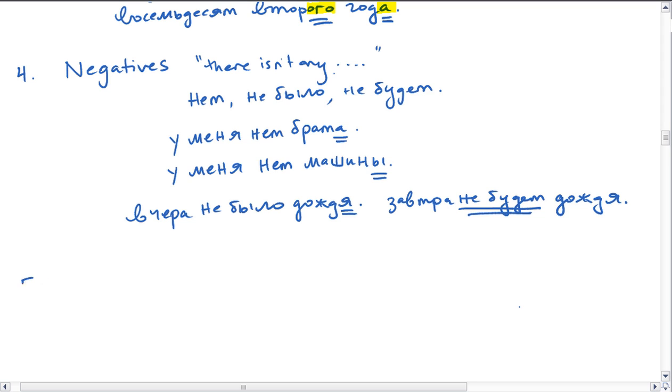And then another use of the genitive case is for comparing. You can also compare by using the word чем, in which case you would not use the genitive case. But if you don't use the word чем, you use the genitive case.